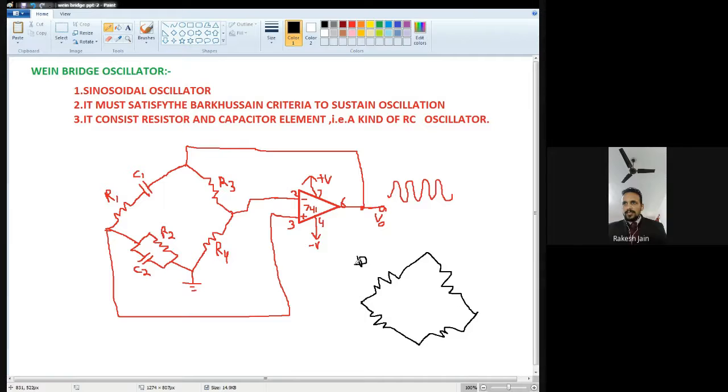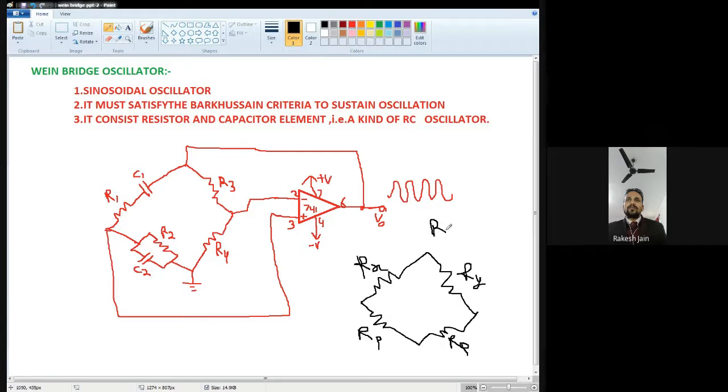This is, let's suppose, the Rx arm. This is Ry. This is, let's suppose, Rp. And this is RQ. There are 4 resistors, and a galvanometer and input are connected. So the bridge condition says that whenever the bridge is in balance, then Rx times RQ must be equal to Rp times Ry. That is the balance condition.